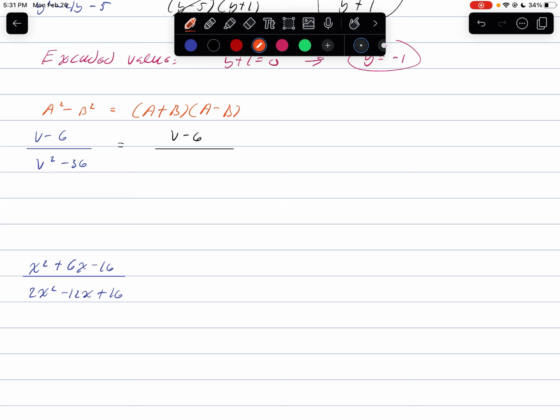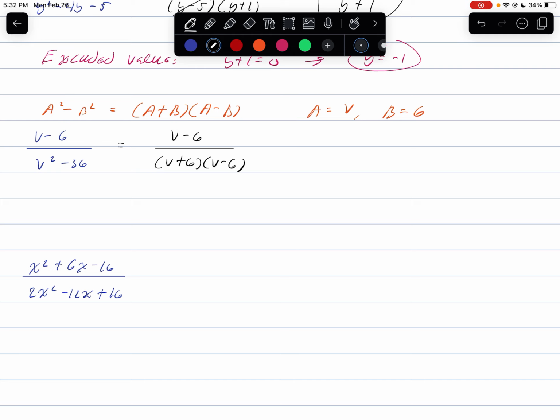Well, the square root of v squared is just v, so here a is going to be equal to v. And the square root of 36 is 6, so we can say that b is equal to 6, and we can write this as v plus 6 times v minus 6.